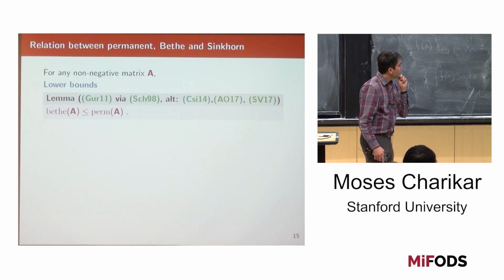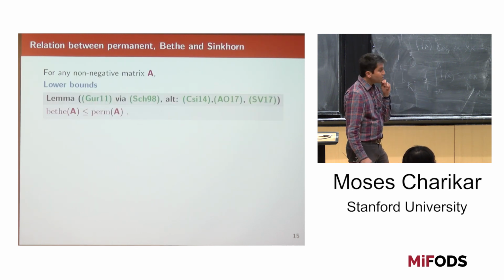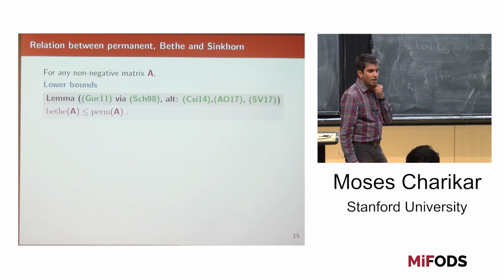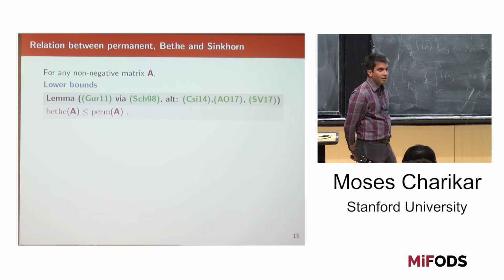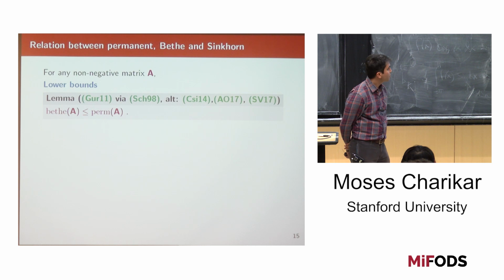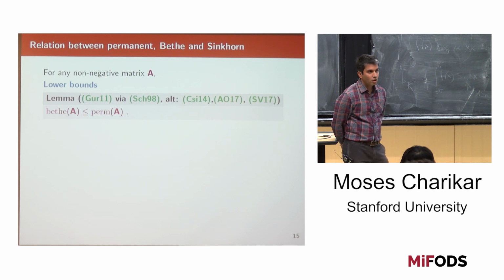This is a very non-trivial fact which was originally proved by Gurvits in 2011 using a certain powerful inequality established by Schrijver. He showed that the Bethe approximation for the matrix is always a lower bound on the permanent.